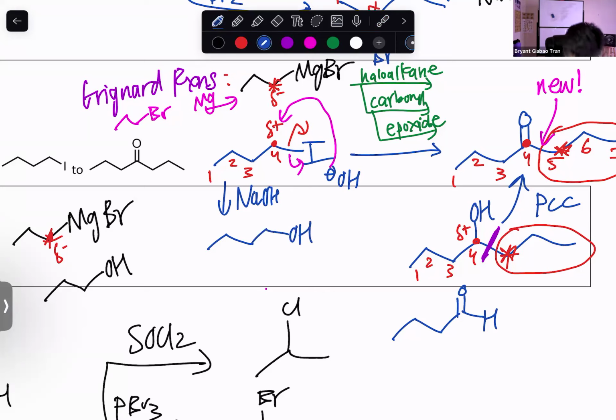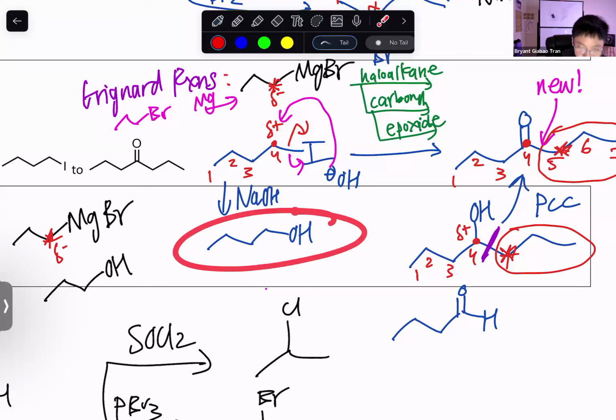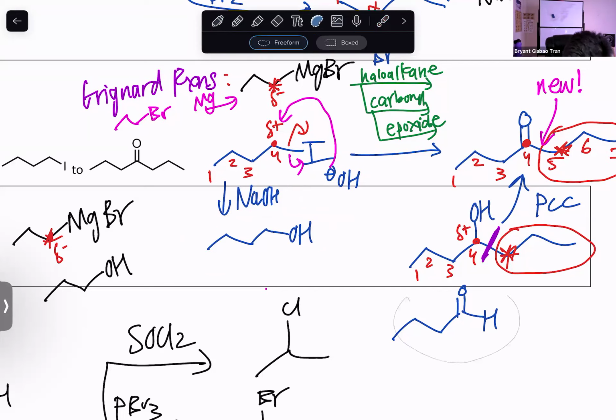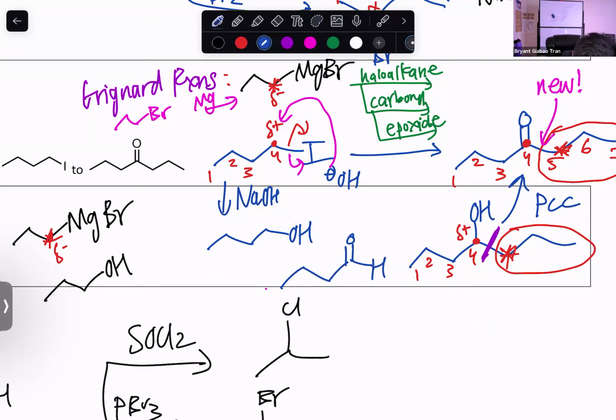And what kind of alcohol is this? Primary, secondary, or tertiary alcohol that we just formed from the SN2 reaction? Primary, right? And how can we convert a primary alcohol into an aldehyde? What reagent can we use? This is a primary alcohol because this carbon attached to the alcohol is bonded to 1 other carbon.